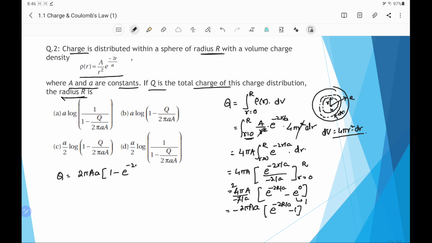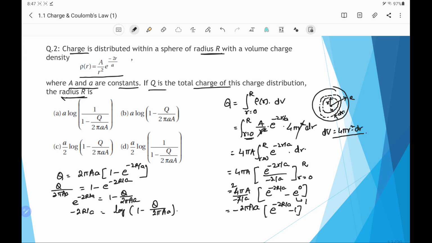(1 minus e raised to the power minus 2R by a), or Q by 2 pi A a equal to 1 minus e to the power minus 2R by a, or e raised to the power minus 2R by a equal to 1 minus Q by 2 pi A a. Taking the log on both sides, we will get minus 2R by a equal to log of 1 minus Q by 2 pi A a.